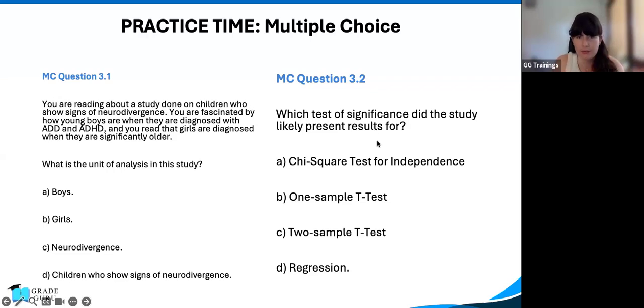Yes. Have we got everybody's? Oh, okay. No worries, Julia. But D is the correct answer. They are looking at children who show signs of neurodivergence. Okay, then a few questions related to that. Which test of significance did the study likely present results for?